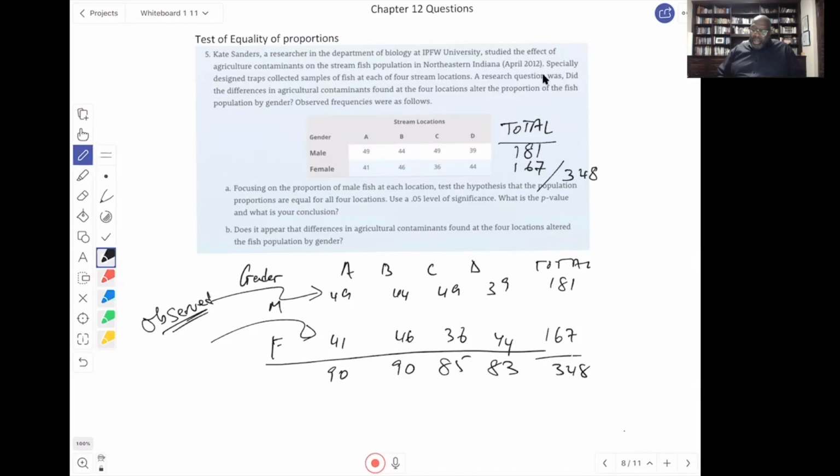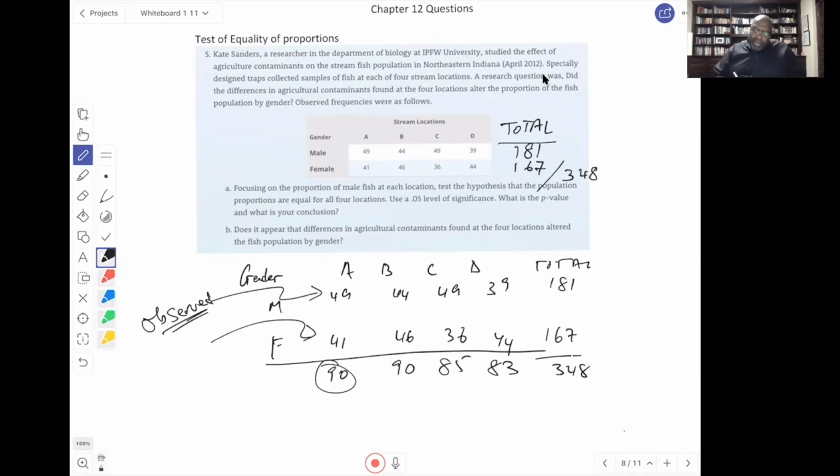So in that case, our best estimate is 181 over 348 is the best estimate of the proportion of males for all locations. And then if we multiply that by the 90, it will give us what we expect to have if they all have the same proportion of males.